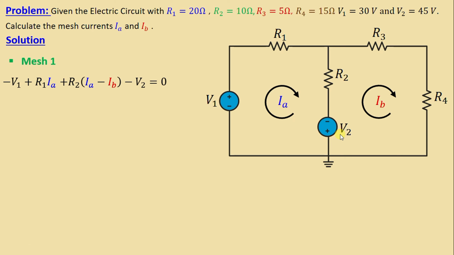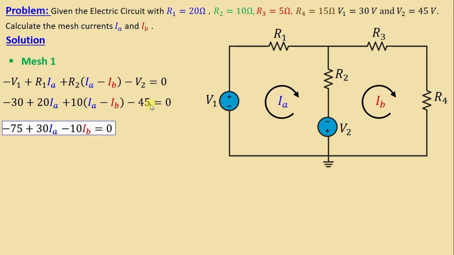By replacing the resistors and voltages with their numerical values, we obtain negative 30 plus 20 IA plus 10 (IA minus IB) minus 45 is equal to 0. And if we continue simplifying this equation, we obtain finally negative 75 plus 30 IA minus 10 IB is equal to 0. After we finish from mesh 1, we go to mesh 2.